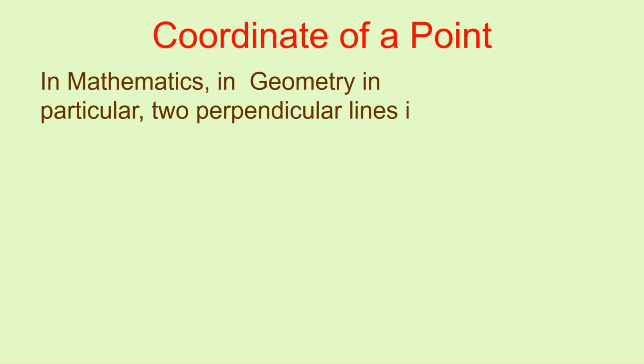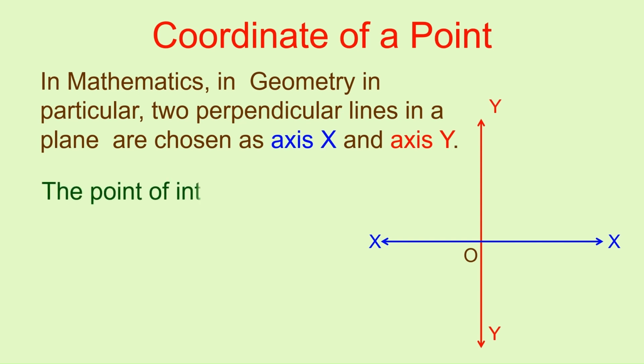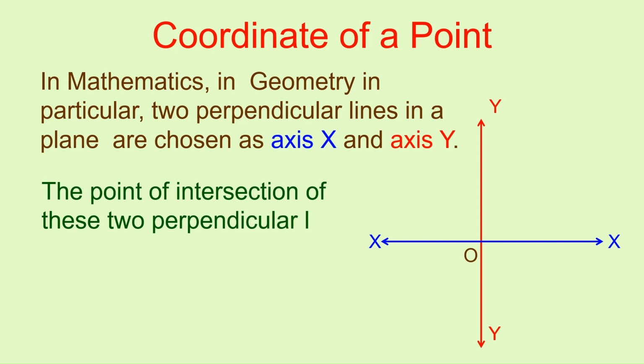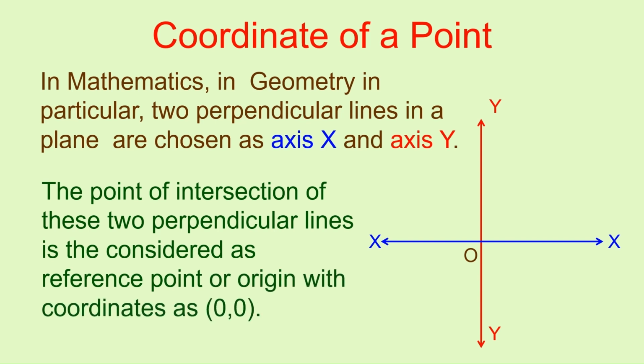In mathematics, in geometry in particular, 2 perpendicular lines in a plane are chosen as axis x and axis y. The point of intersection of these 2 perpendicular lines is considered as a reference point, or the origin, with coordinates 0, 0.